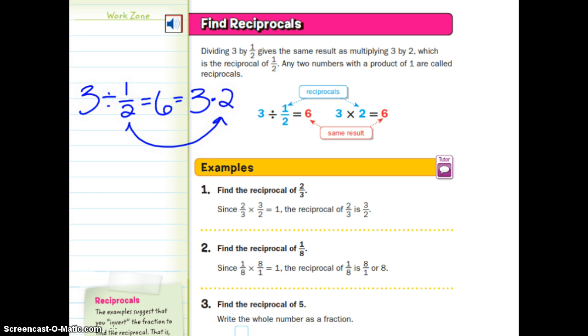Why? Because these two numbers right here are called reciprocals, and they produce the same answer.